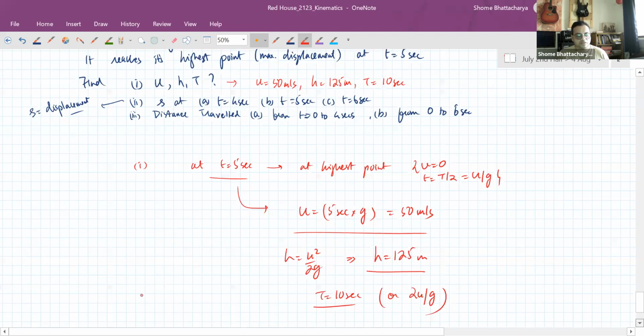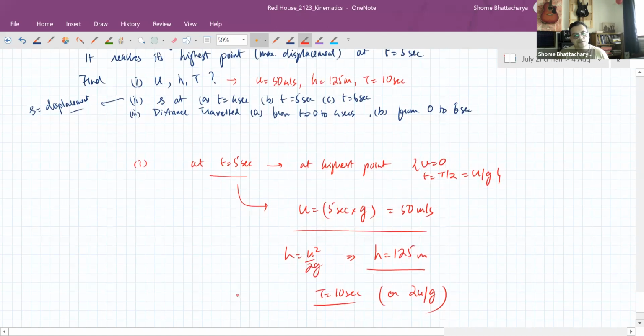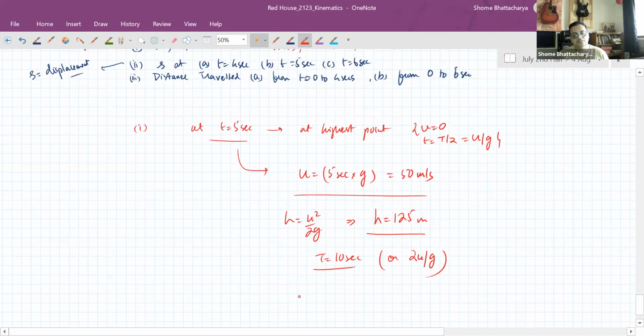Now for this second part, s at t equal to 4 seconds, just substitute in this.